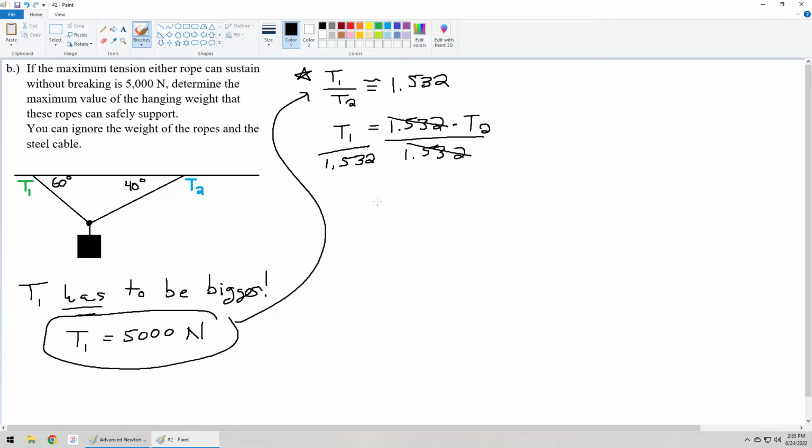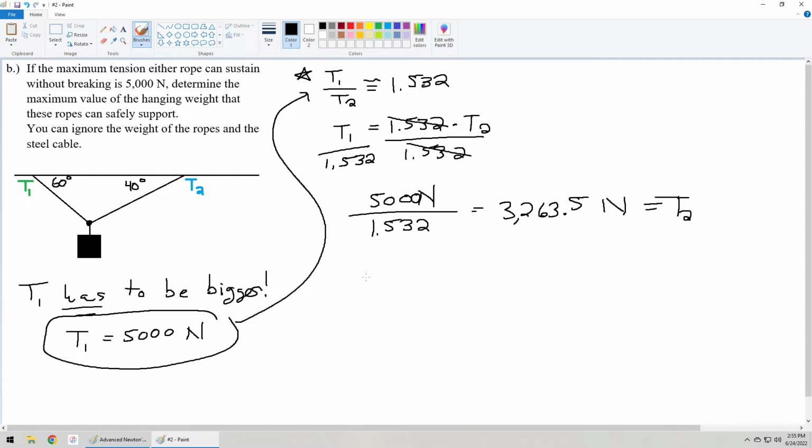So now I've got 5,000 newtons divided by 1.532. That, according to my calculator, is about 3,263.5 newtons. That's what T2 is. So we have T1 and we have T2.